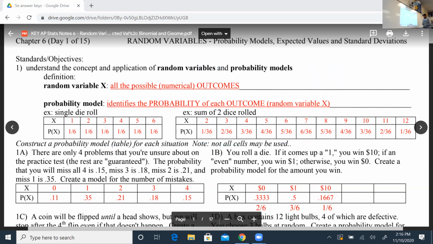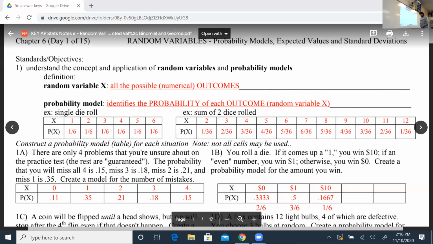Now the next one, 1A here. There are only 4 problems you're unsure about on the practice test. The rest are guaranteed. The probability that you will miss all 4 is 0.15, miss 3 is 0.18, miss 2 is 0.21, and miss 1 is 0.35.